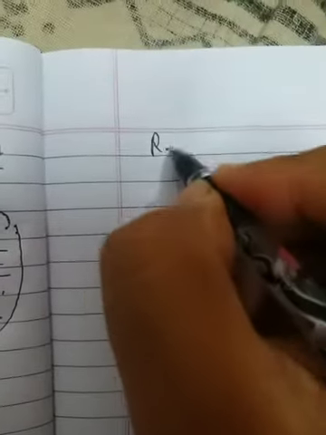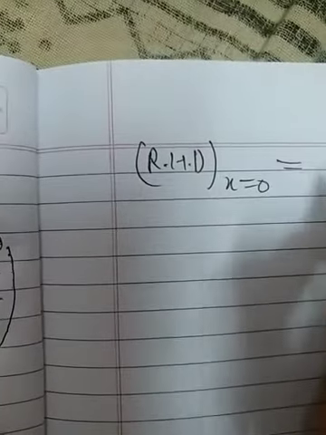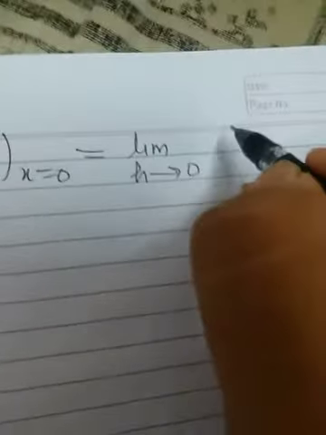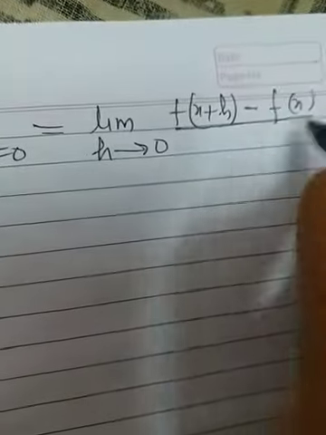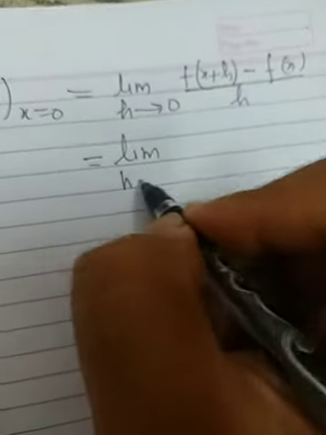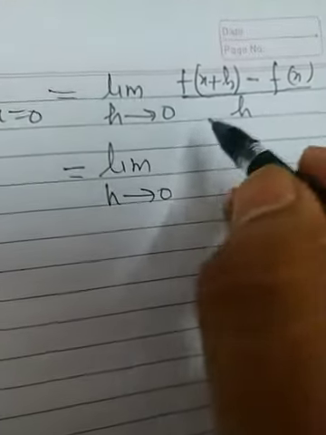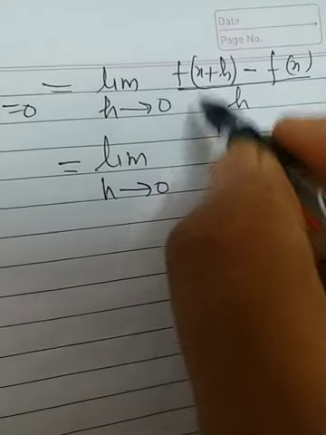Now let us check the right hand derivative of the same function at the same point. Right hand derivative at x equal to 0. Let us write the definition. Limit h tends to 0, then (f(x+h) minus f(x)) upon h. Apply the definition. Limit h tends to 0. For the point is 0, so first of all let us put x equal to 0 over here.